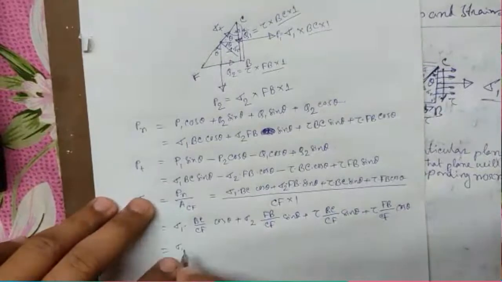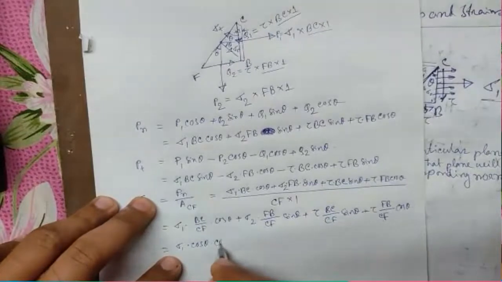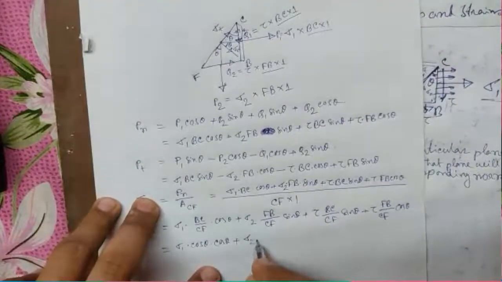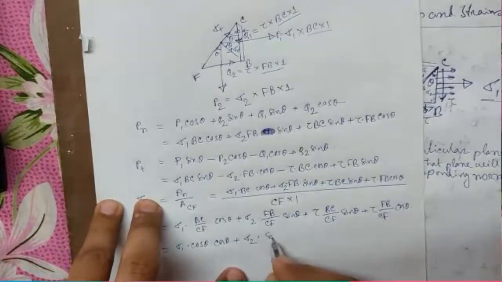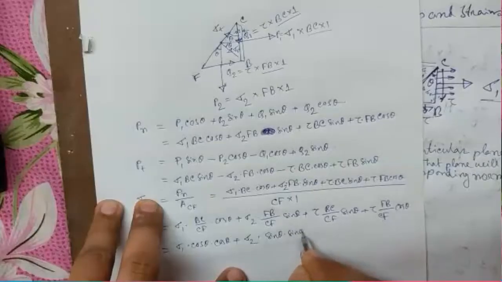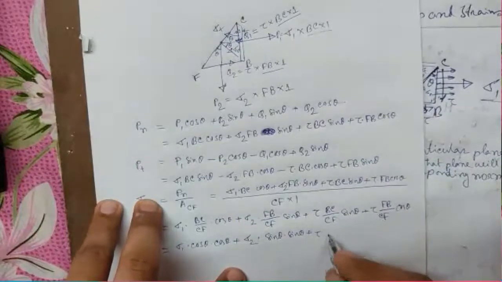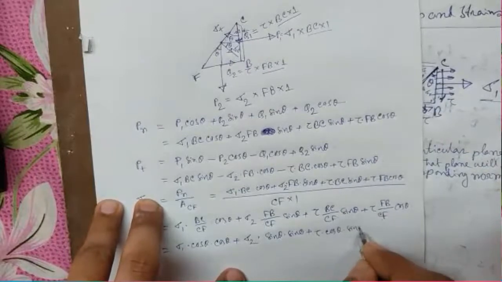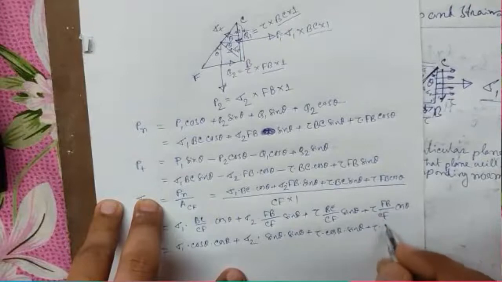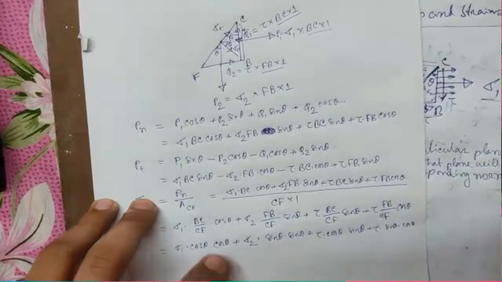So we can write sigma 1 cos theta into cos theta plus sigma 2 into FB by CF, which is sin theta, into sin theta plus tau into, again BC by CF becomes cos theta, into sin theta plus tau into FB by CF, again sin theta into cos theta.